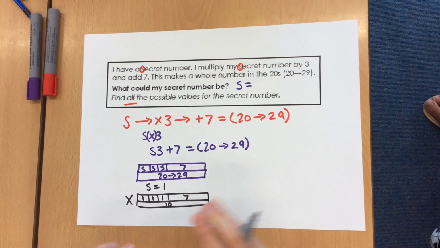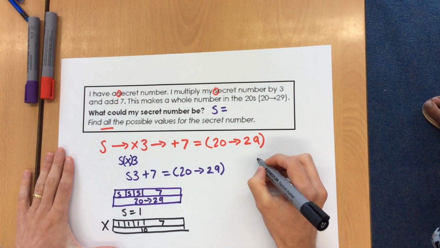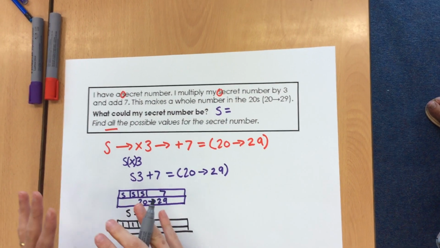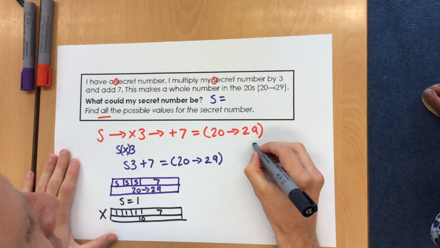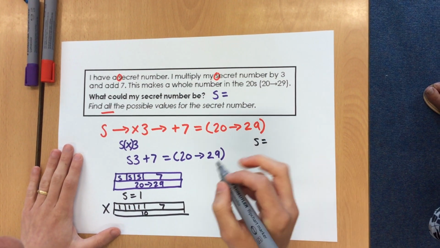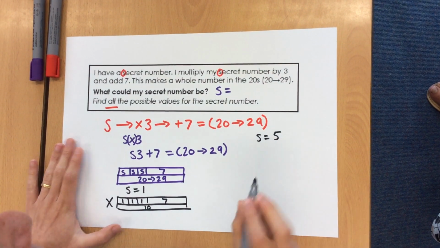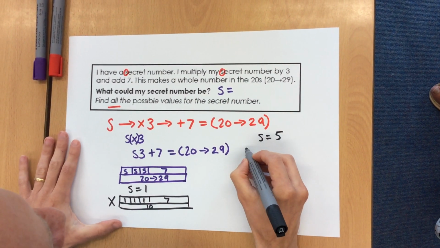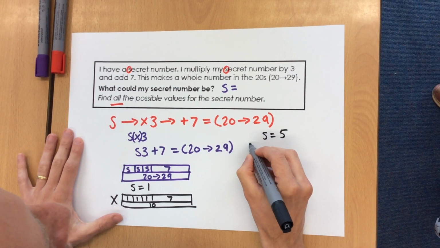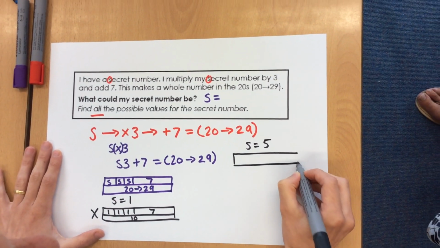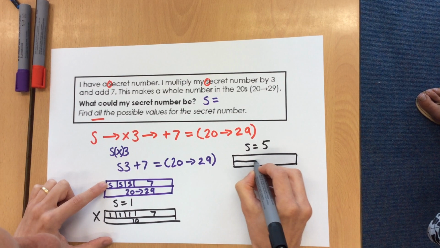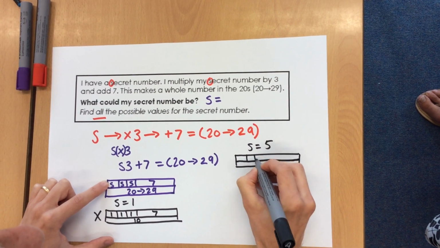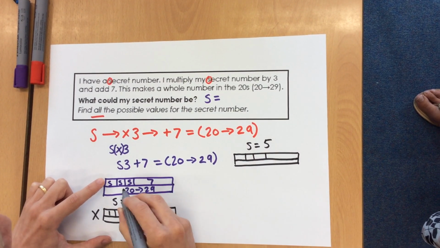Right, so I'm going to have another go. You notice a bit of trial and error here. Well, 1 was quite significantly less. I'm going to do it over here this time. I'm going to say S equals, the secret number is going to be 5. Right, let's see what the success is with number 5. So I'm going to draw my bar again, and I'm going to substitute S for the number 5 this time.